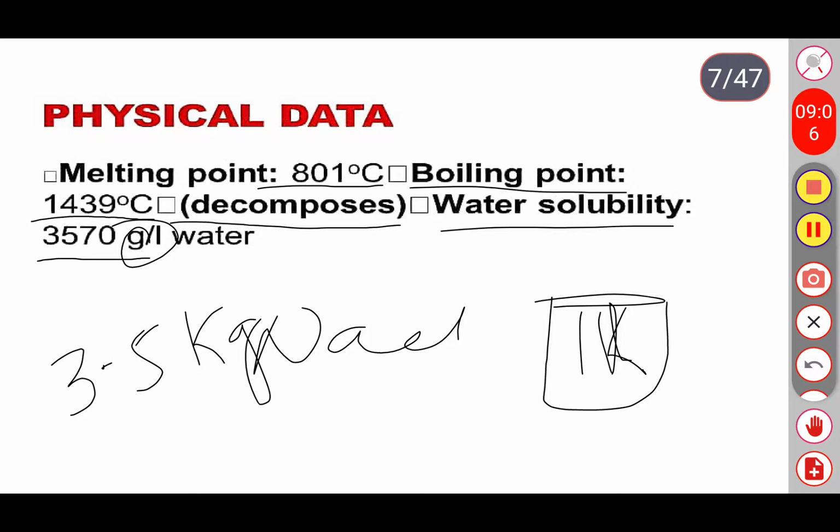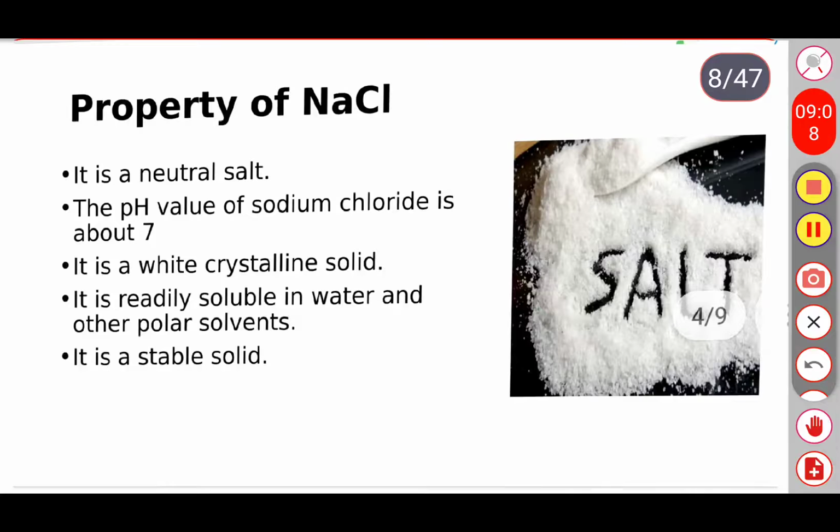Let's see the next one, properties of sodium chloride. First property is it is a neutral salt, and second one is the pH value of sodium chloride is about 7.